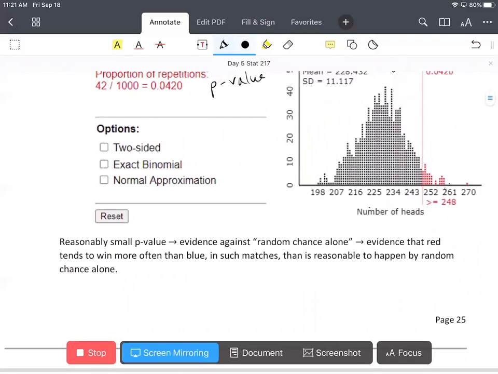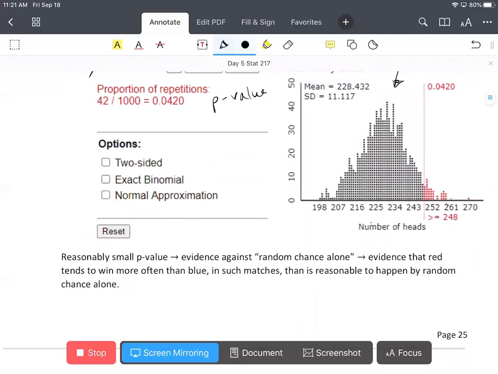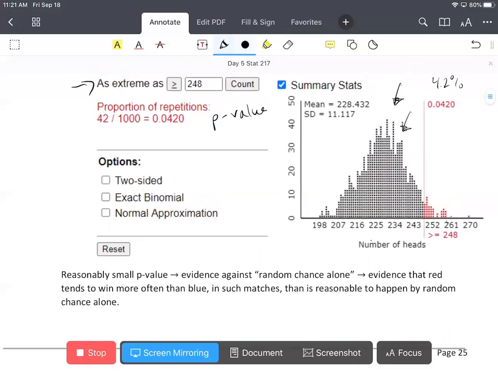I just want to reiterate here, because this is only the second week, and I want to make sure we're comfortable, that this is supposing that just random chance, when we did these 1,000 repetitions and counted the number of heads, which represented success here, how many times did they come out as 248 or more?